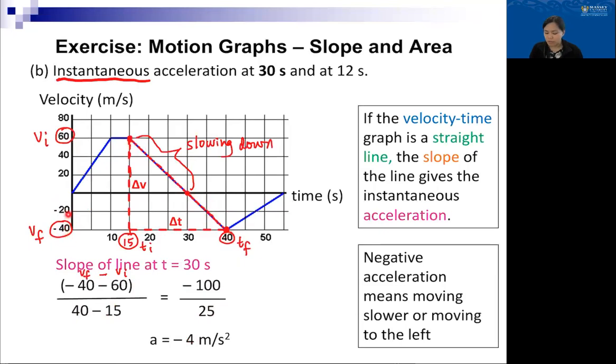So the B could be speeding up, but because it's negative, that could mean that the B is moving to the left, right? So this portion of the graph here is the point when the B changes direction and moves to the left.